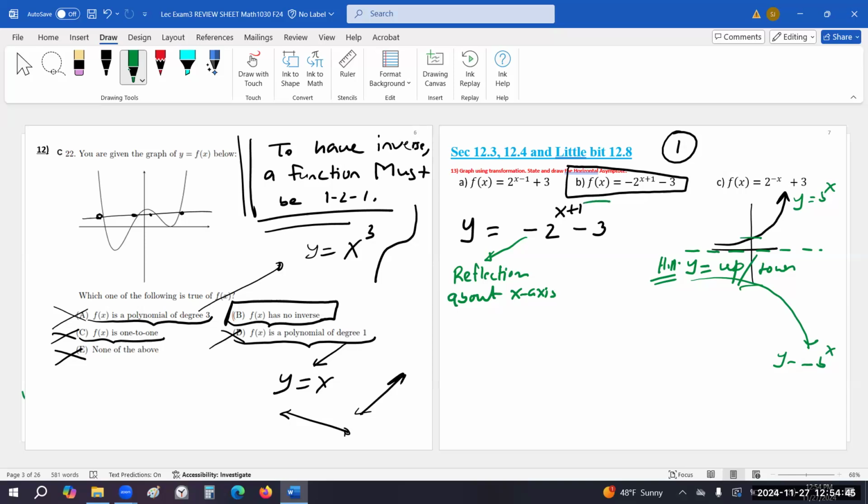You have a number next to the x. Which direction? Left or right? So plus means left. We are going left 1 unit. And 3 is single, alone. Which direction? Down.